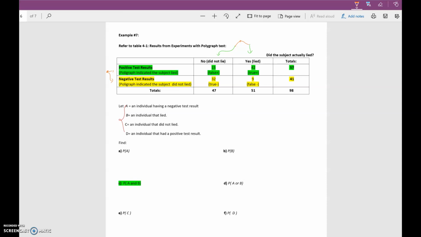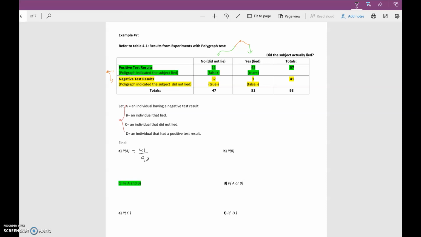Now, let's take a look at P of A. A is the individual had a negative test result. So for negative test results, you're looking at the actual table in this row, and we have a total of 41 of these. So this one is just going to be 41 out of the values of 98. Same idea with the previous one in rounding. We'll use anywhere between 2 to 4.